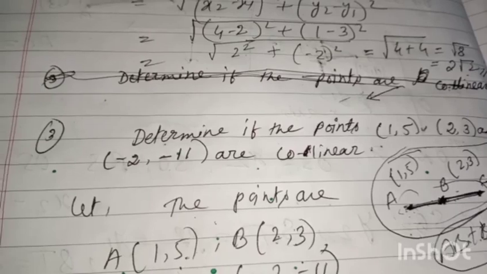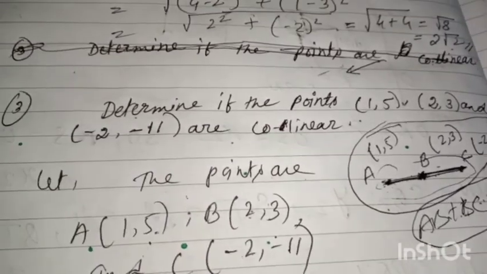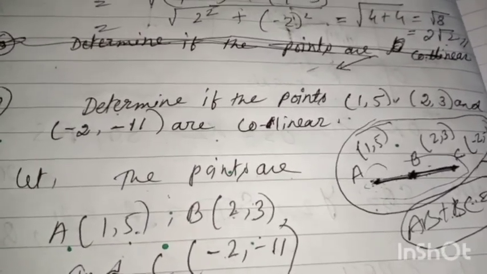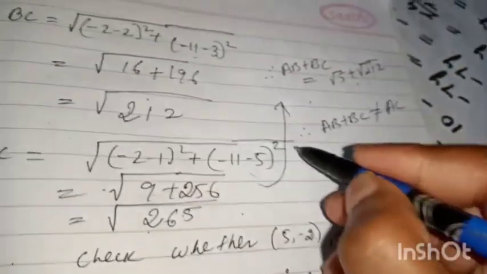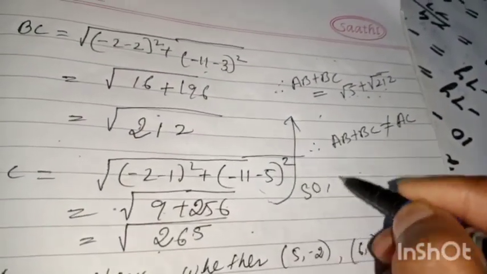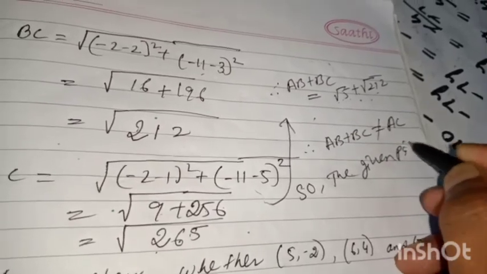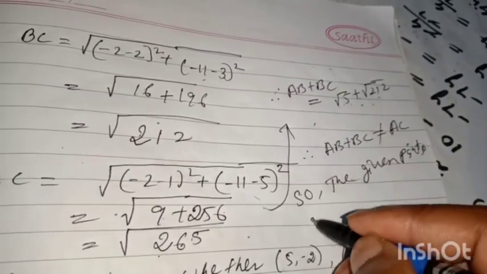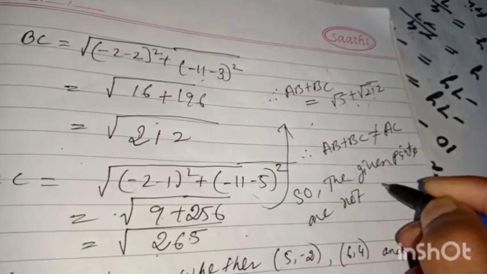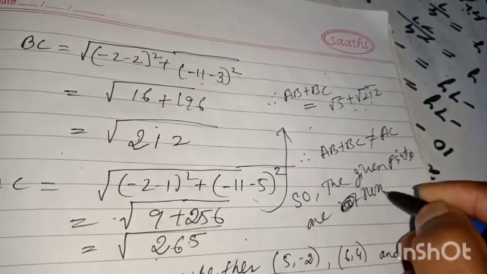That means the given points are collinear or not? No, the given points are not collinear. Therefore the points are non-collinear.